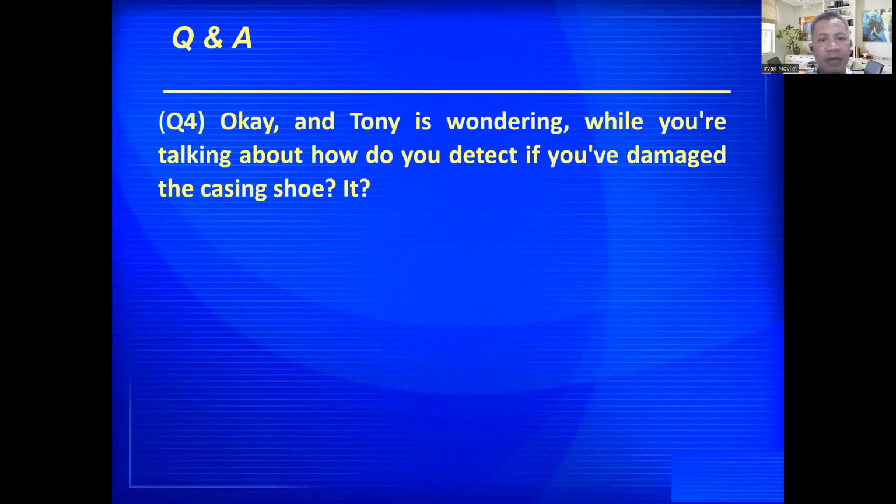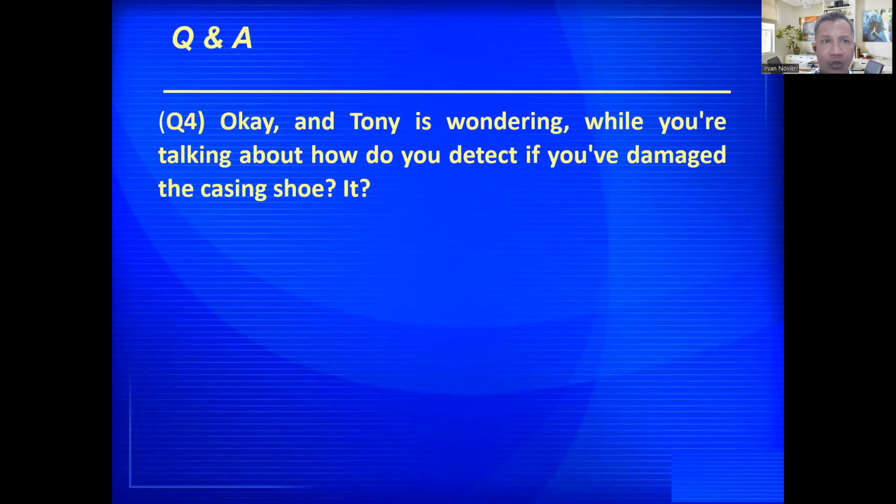The next question, okay. When we talk about how you detect if you have damaged the casing shoe, well, you would maybe get a leak. Sometimes we've seen cases where people will go in and drill out their shoe, drilling out the float collar all the way down to the float shoe.